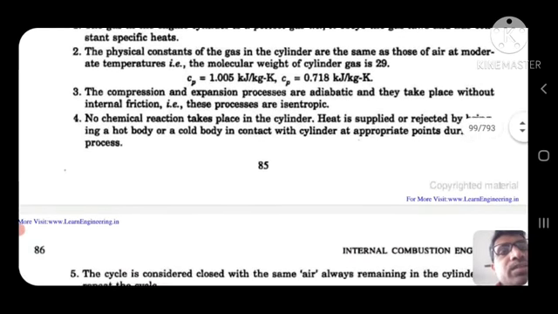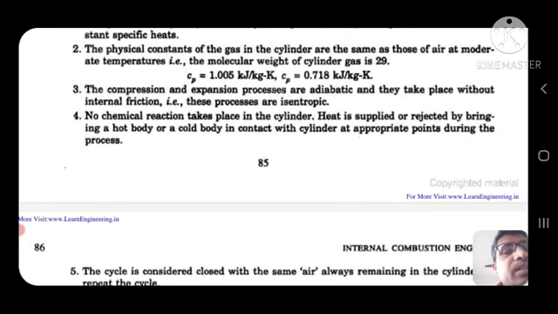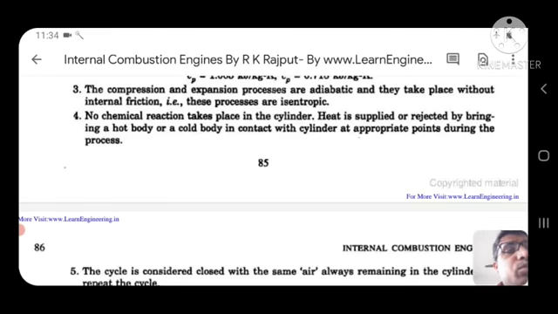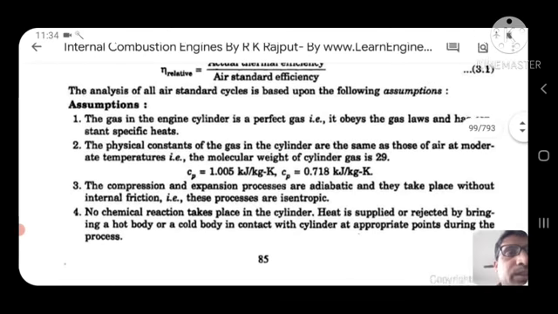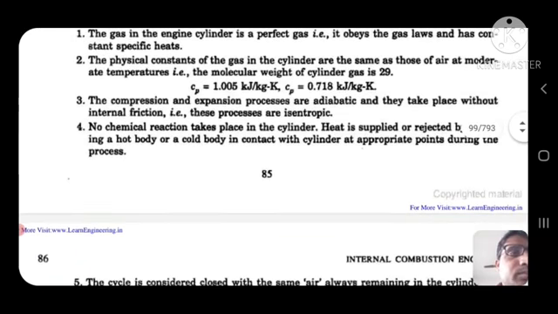The physical constants of the gas in the cylinder are the same as those of air at moderate temperature. That is, the molecular weight of the gas in the cylinder is 29, Cp is equal to 1.005 kJ/kg K and Cv is 0.718 kJ/kg K.